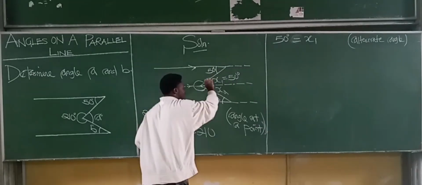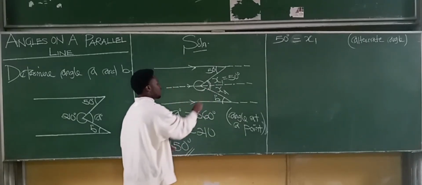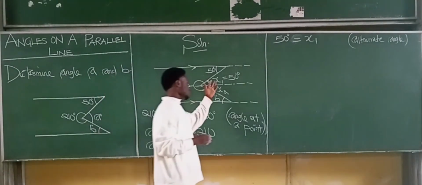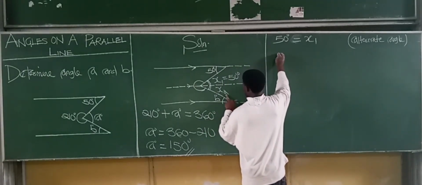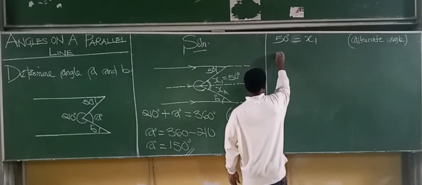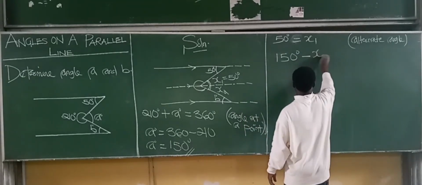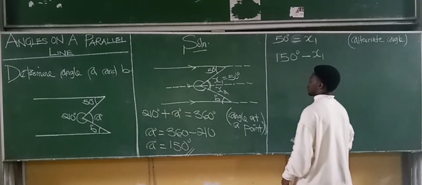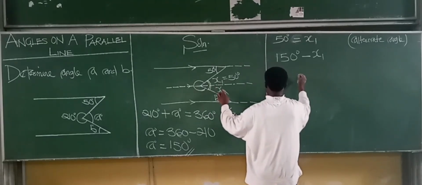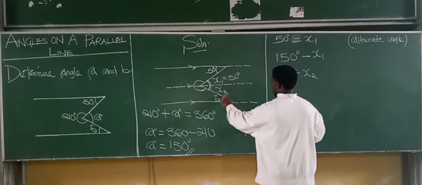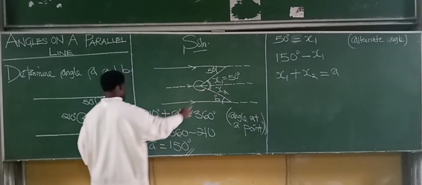So if the entire angle is 150 degrees and part of it is 50 degrees, to determine the other part, which is x2, we have to do 150 degrees minus x1. x1 plus x2 gives A.